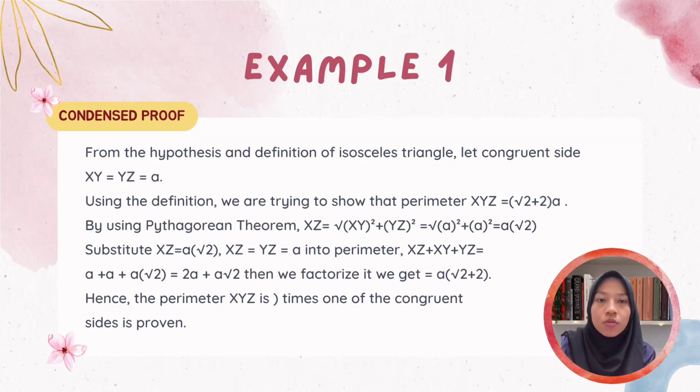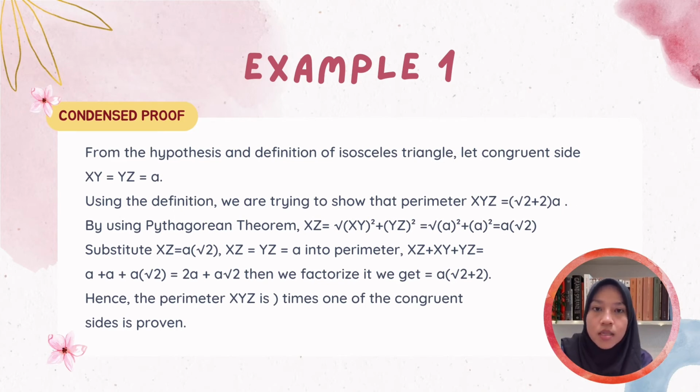So for the condensed proof in example 1, you just summarize from the analysis of proof and the answer is: from the hypothesis and definition of isosceles triangle, let congruent sides XY equal to YZ equal to a. Then using the definition, we are trying to show that perimeter XYZ equal to square root of 2 plus 2 times a. By using the Pythagorean theorem, we solve it and we get XZ equal to a square root of 2.